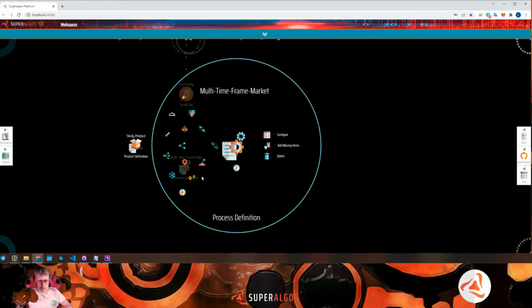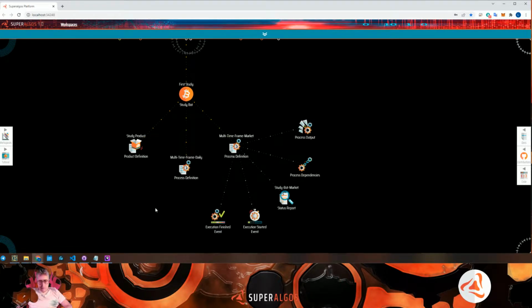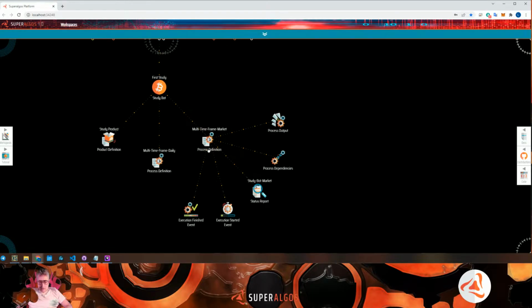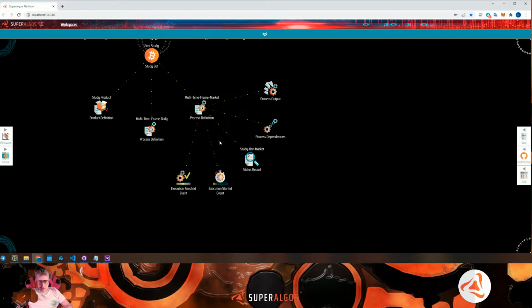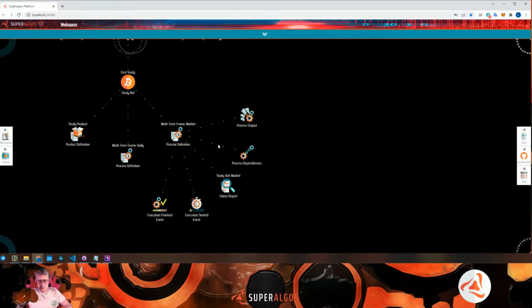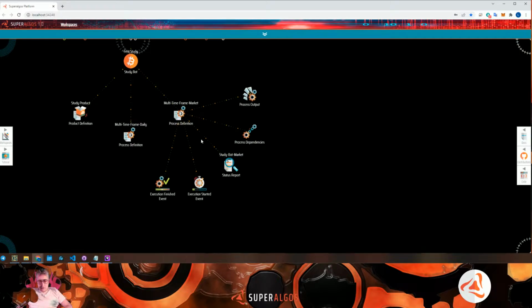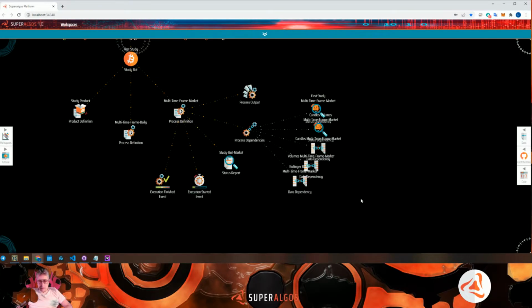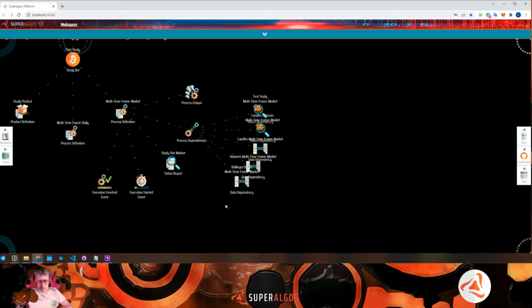Okay, so each of these processes has the same things that you have for indicators: execution finish, status report, process dependencies, process output. There is almost nothing new.